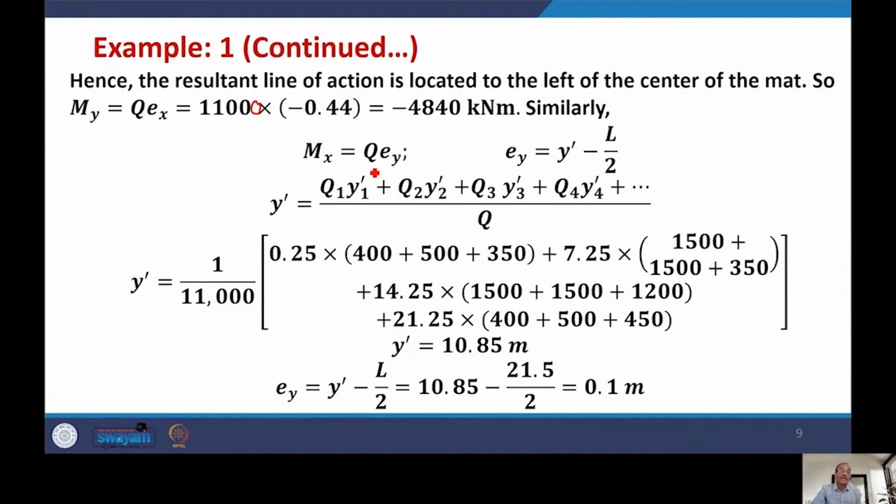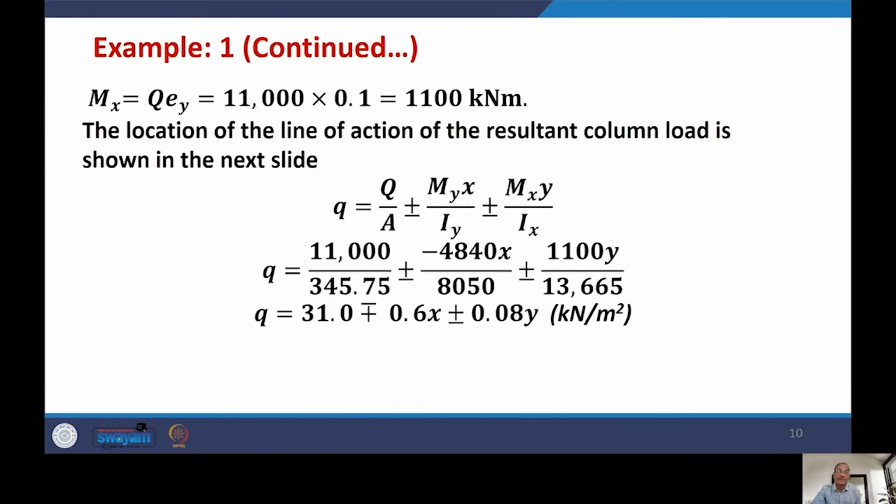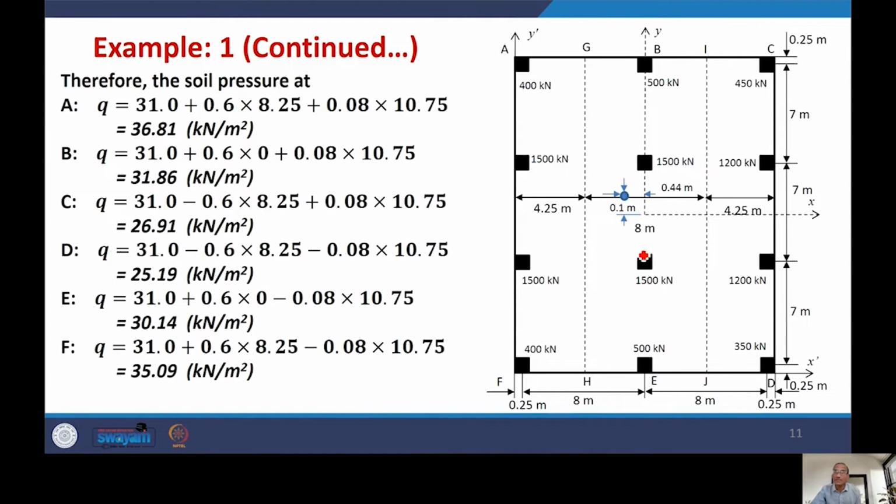Then Mx will be Q into Ey, and in this way you can calculate Ey, where y prime is calculated in the same way as we calculated x prime, and Ey will be y prime minus L by 2. L is 21.5, so you get here 10.75, and Ey is 0.1 meter. That means Ey will be positive. So what you can see here, let me show this location of the centroid.